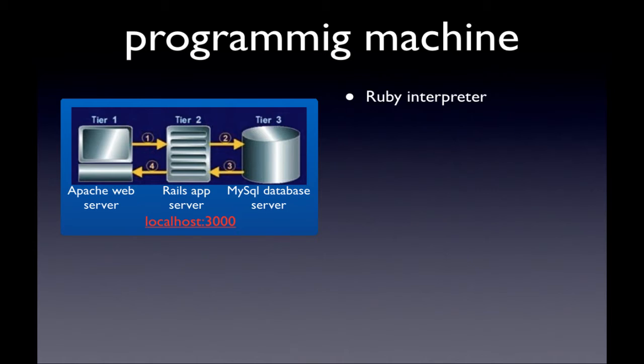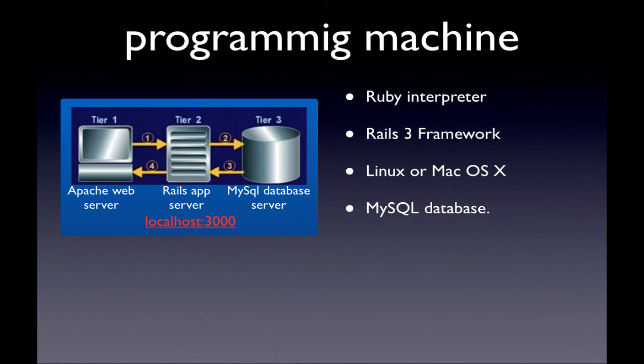Of course, the Rails application server and the MySQL database. So each programmer would have a programming environment that's made up of something similar to what we have in production. Again, each programming machine would have a Ruby interpreter, the Rails 3 framework, and Linux or Mac OS.